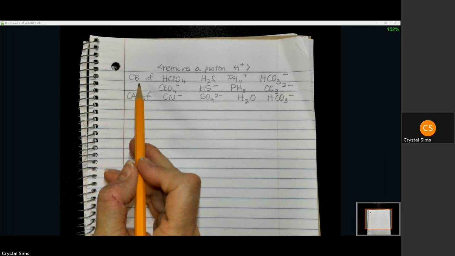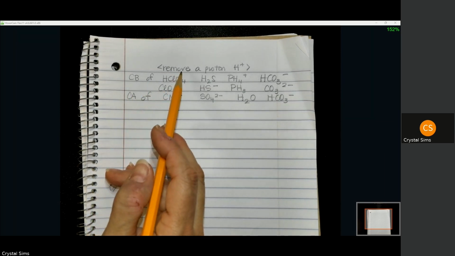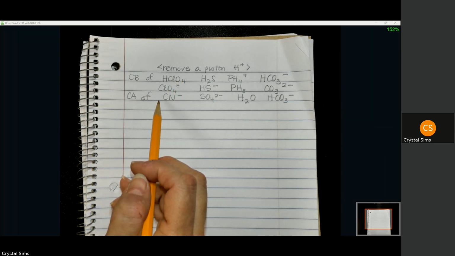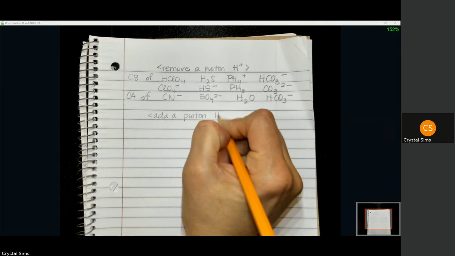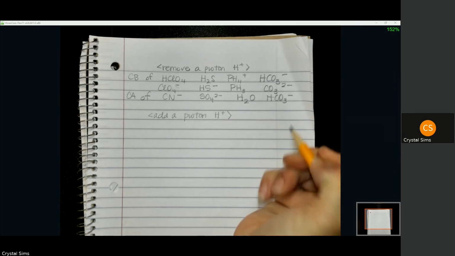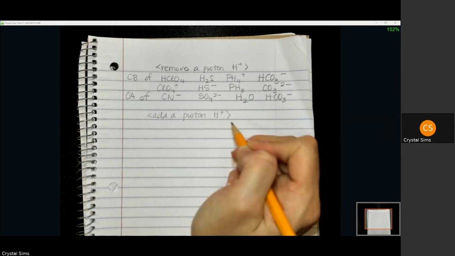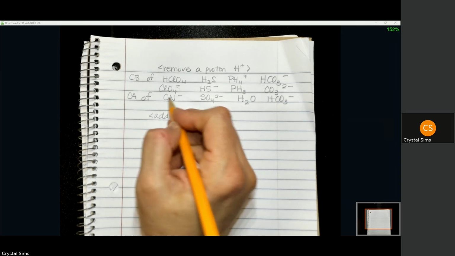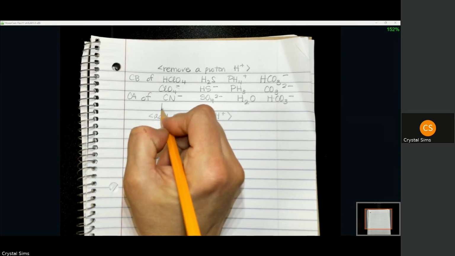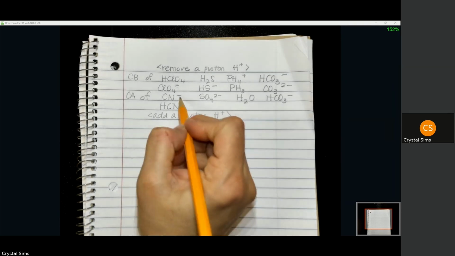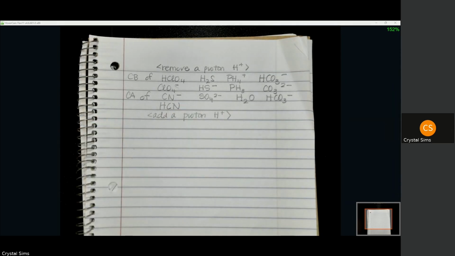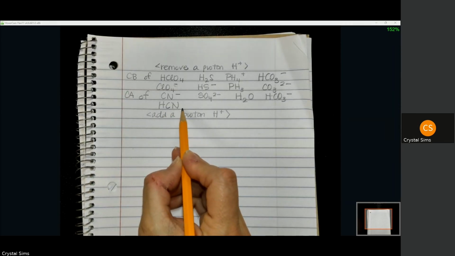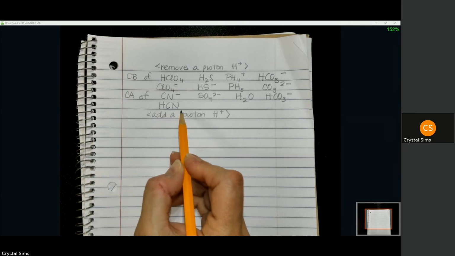So if to find the conjugate base, we remove a proton, then to find the conjugate acid, we are going to add a proton. So I'm just going to go through here and add an H plus to each one of these. So when I do that, we'll have HCN because that plus and minus, we know that that evens out. So we're going to have a neutral compound here.